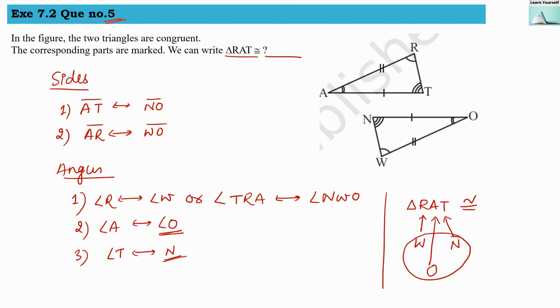So it is corresponding to triangle WON. You can also check this name from the sides, but it will be very easy to identify that from the angles. If they had given ART, then we would have written OWN. So like that, the name will change as per the given triangle name.